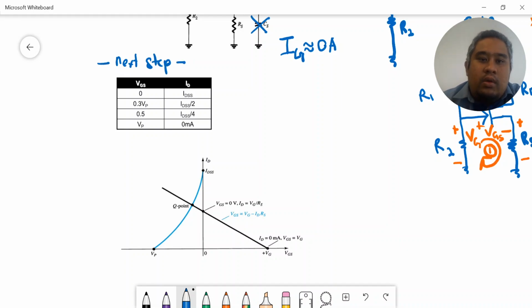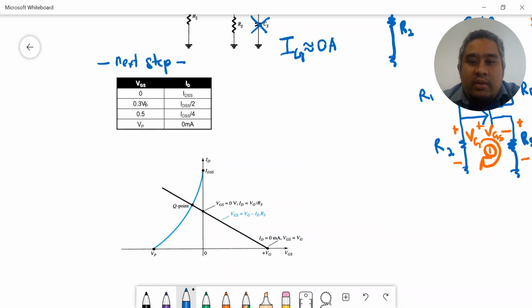We have to draw the transfer characteristic curve by using this table, this shorthand method.